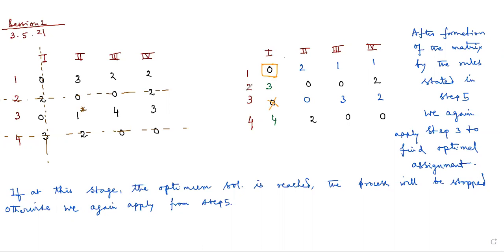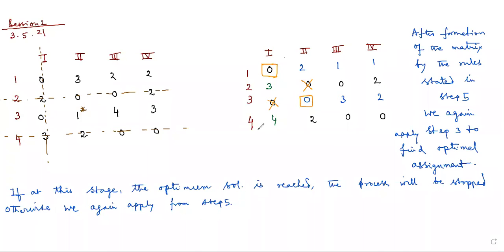Go to the second row. Second row contains 2 zeros, so for the time being we shall avoid it. Go to the third row. Third row contains a single zero, so we are going to assign this. And this zero is appearing in column 2, in which there is another zero which will be struck out. And this boxed zero is appearing in the third row, which contains no other zero.